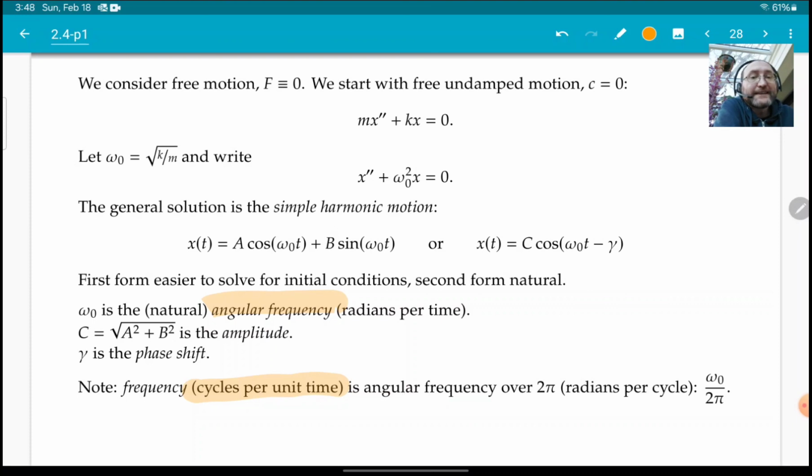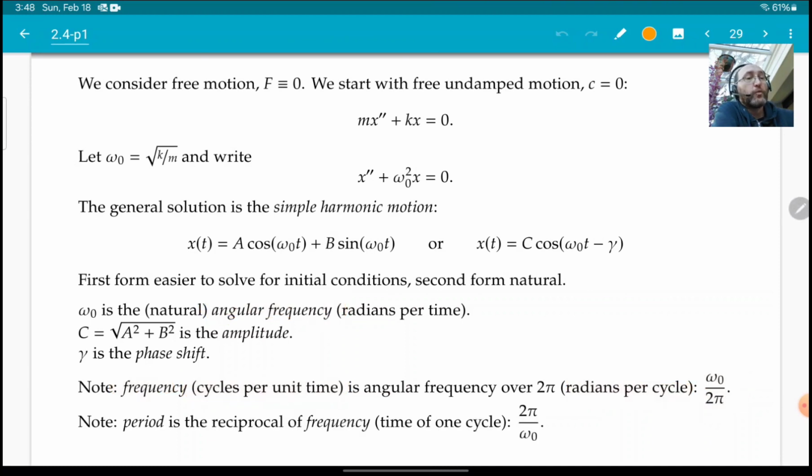If we want to get the frequency, we have to divide by 2 pi, because that's how many radians there are per cycle. So if you have the angular frequency in radians per second and you divide by 2 pi, you get cycles per second, or hertz.